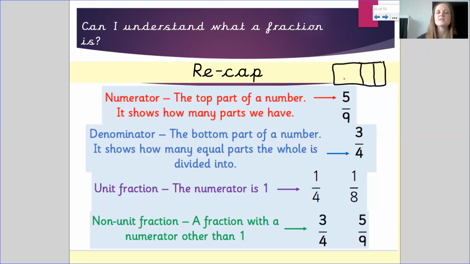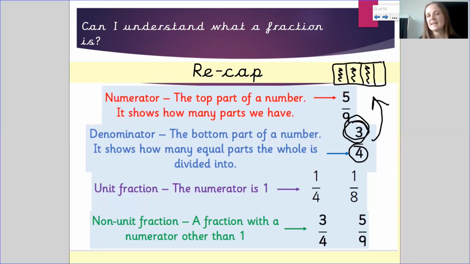That's probably slightly better. So if my denominator is 4, then my whole shape has been broken up into 4 equal pieces. And then the numerator tells you how many parts of that I have. So for example, I've colored in 3 parts of that whole. So 3 out of the 4 are colored in.